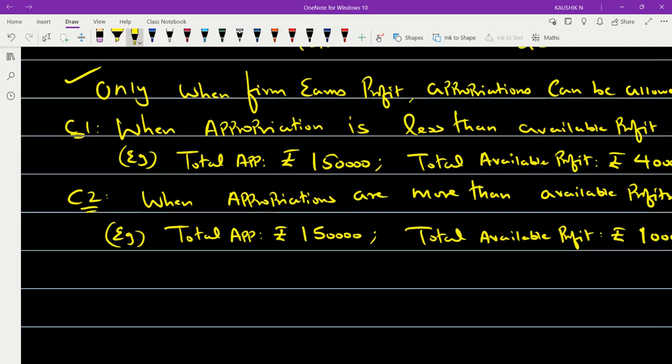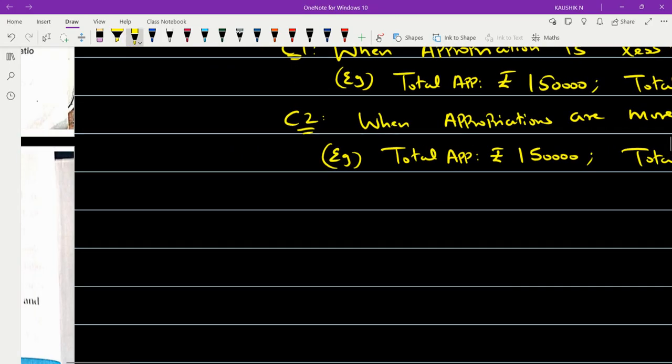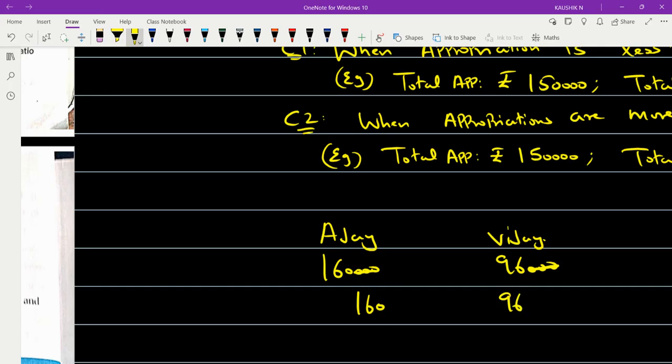So how to convert it? Just simple. Okay, look here. Converting to a ratio is very simple. You have two partners, Ajay and Vijay. For Ajay, the interest on capital comes to rupees 1 lakh 60, and for Vijay, the salary comes to rupees 96. Now eliminate the common zeros in these two values. After eliminating, you are getting 160 and 96.